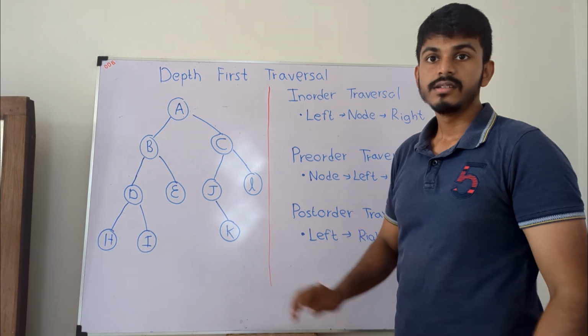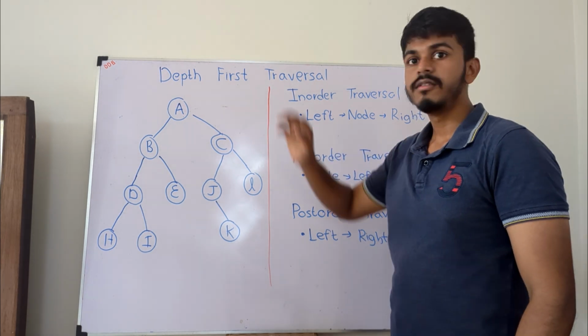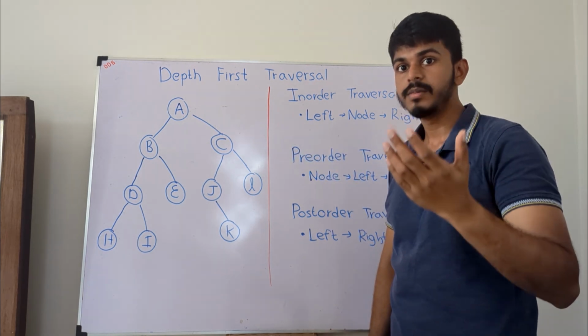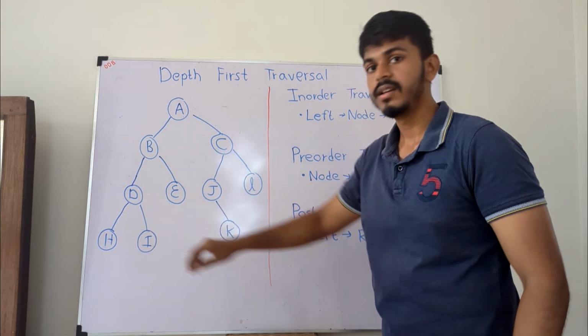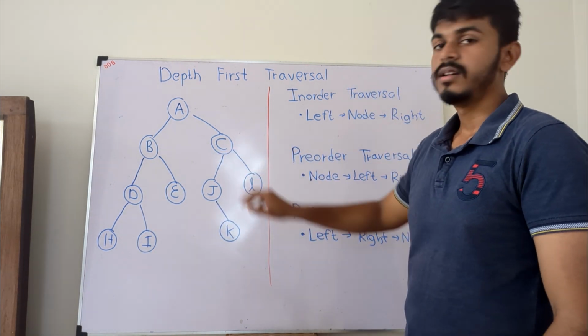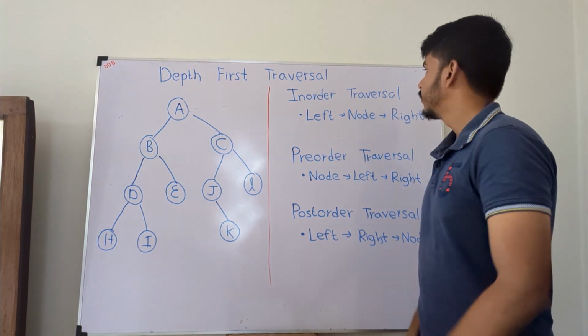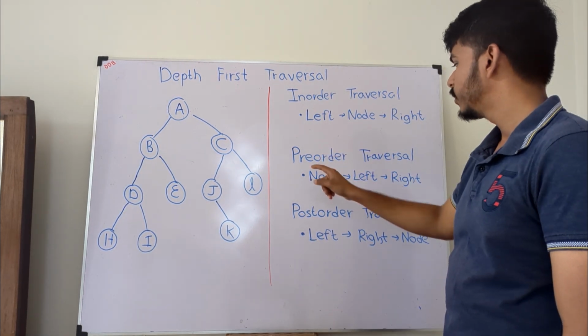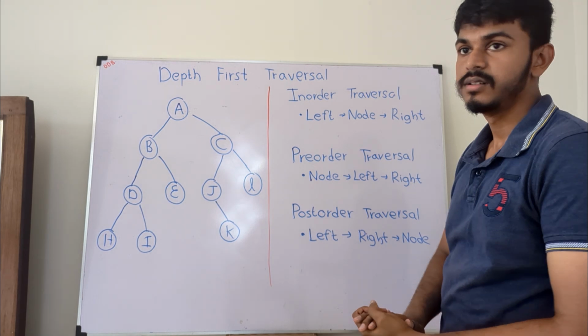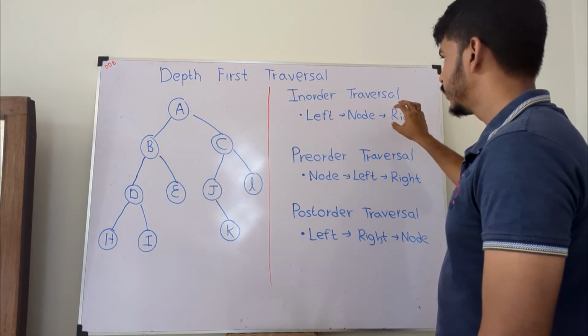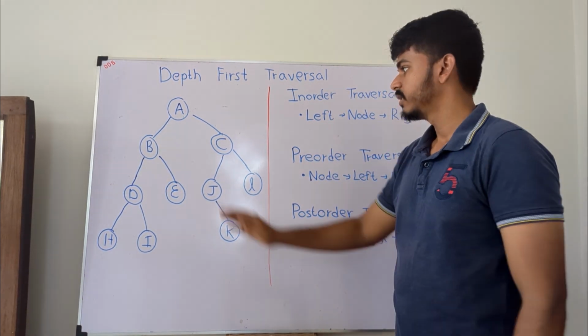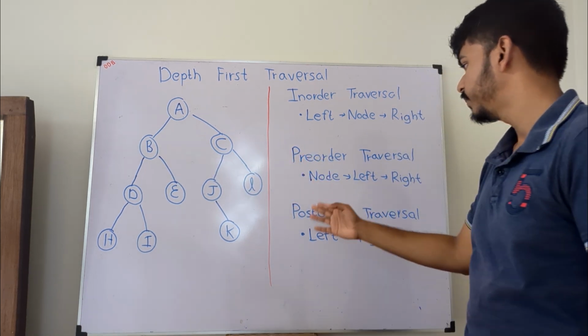So first it will start from the root node, then it will traverse as deep as possible along the left subtree first, then move on to the right. So there are 3 ways, which are in-order traversal, pre-order traversal, post-order traversal. First we will look at in-order traversal and how it will traverse this tree. Then move on to pre-order and post-order.